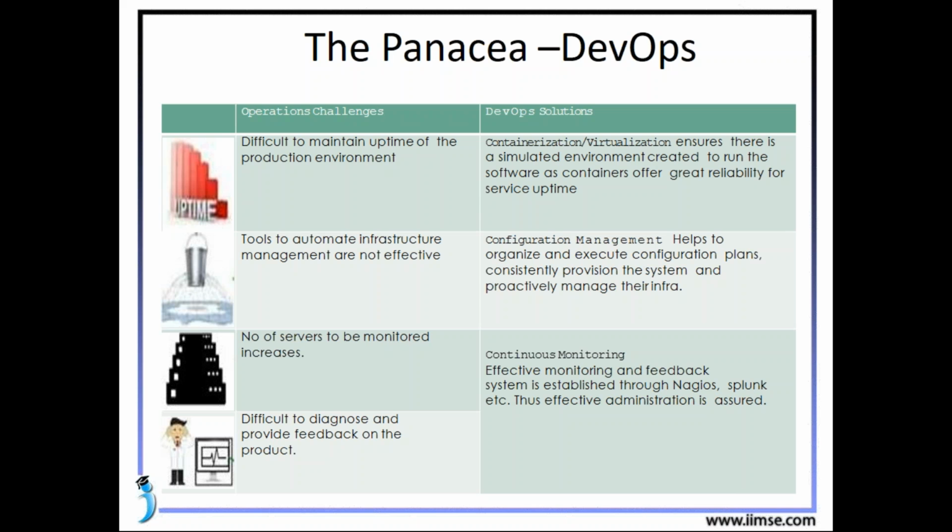So DevOps, now we have come to the section for defining that. What is DevOps? DevOps is a software development approach which involves continuous development, continuous testing, continuous integration, continuous deployment, and continuous monitoring of the software throughout its development life cycle.